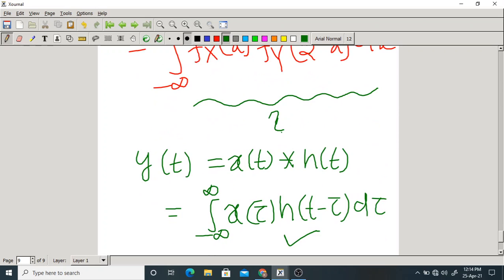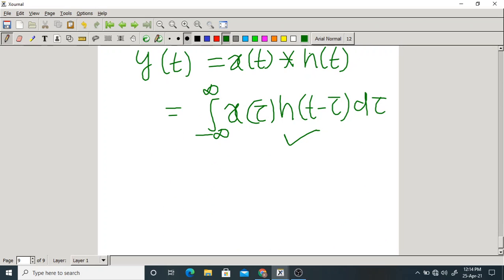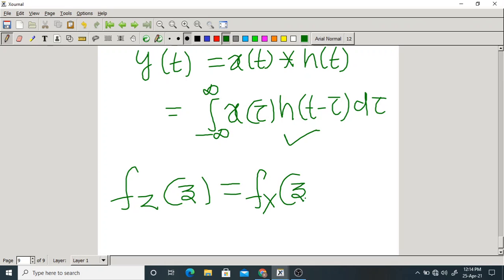So what is that now? It simply becomes fz of z equal to convolution of fx of z and fy of z. So this is the logic. This is very important.